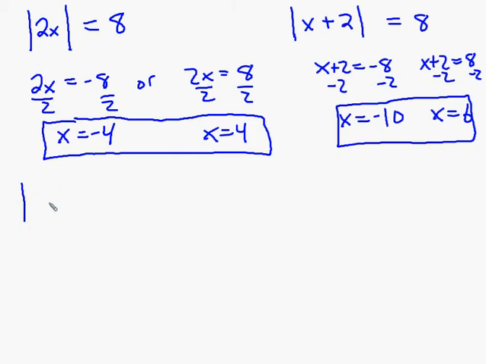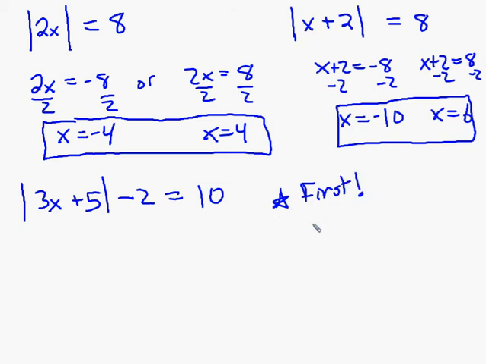Okay, let's say I have now the absolute value of 3x plus 5, minus 2, equals 10. Why not? This is going to be important. First, isolate the absolute value.